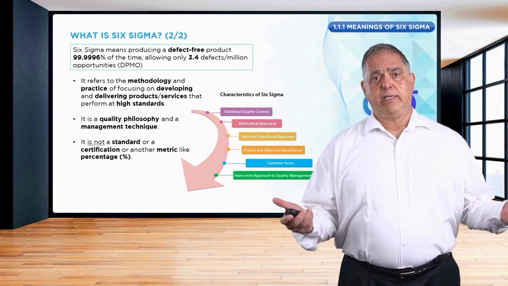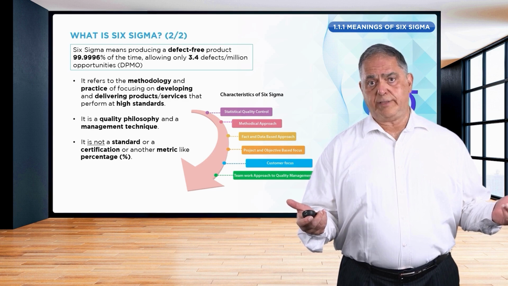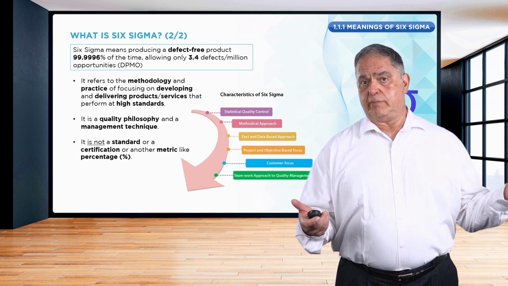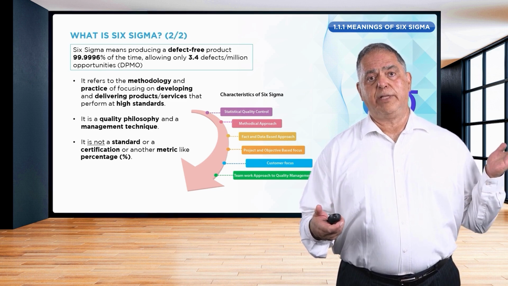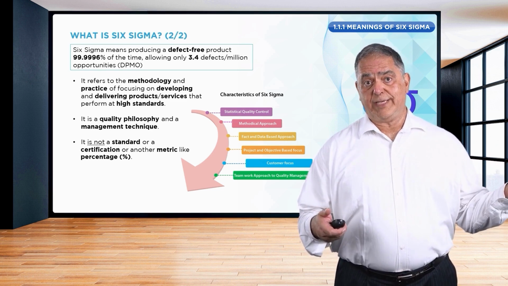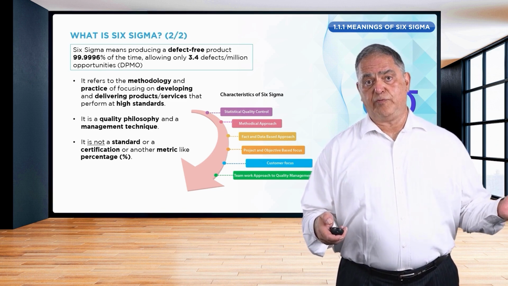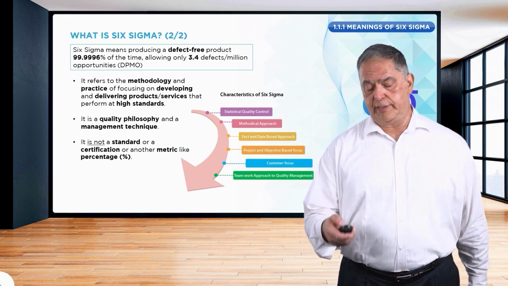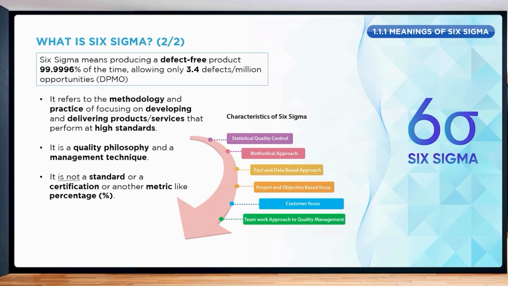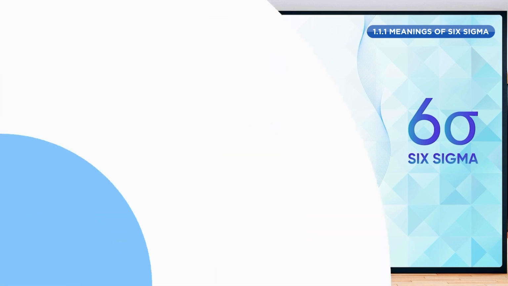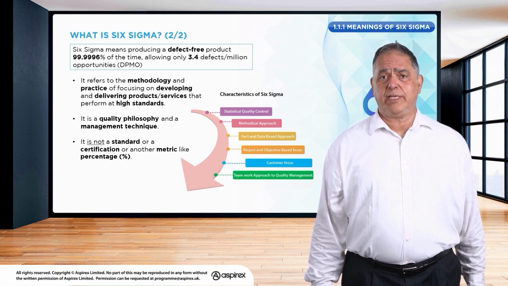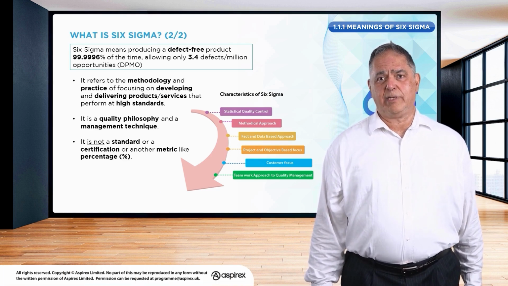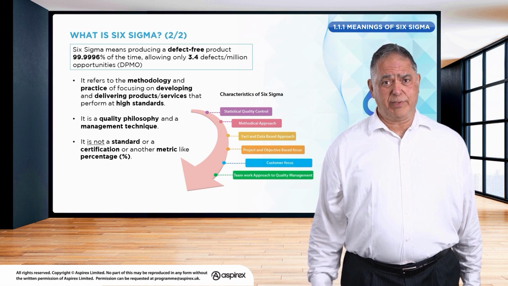And this gave them a competitive advantage versus other players in the market that were not using Six Sigma in order to improve their processes, products, and services. Six Sigma is also a quality philosophy and a business management technique. It is not a certification standard, and it is not just another metric like a percentage, etc.